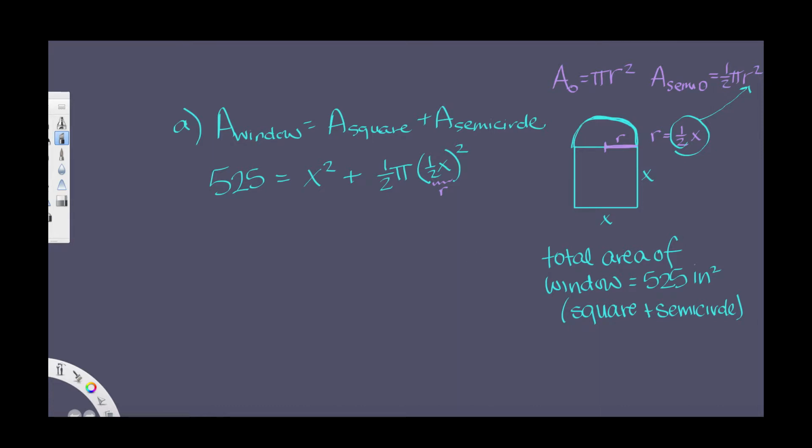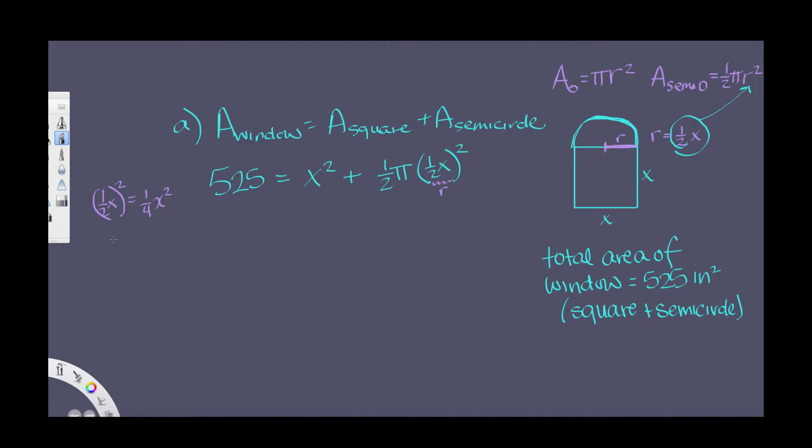Okay, so let's simplify this a little bit. I'll go over here to help simplify. So half of x squared, right, is, I have to square the half and square the x. So half of x squared is 1/4 x squared. And then the half pi, I'm going to just leave the pi out for now.